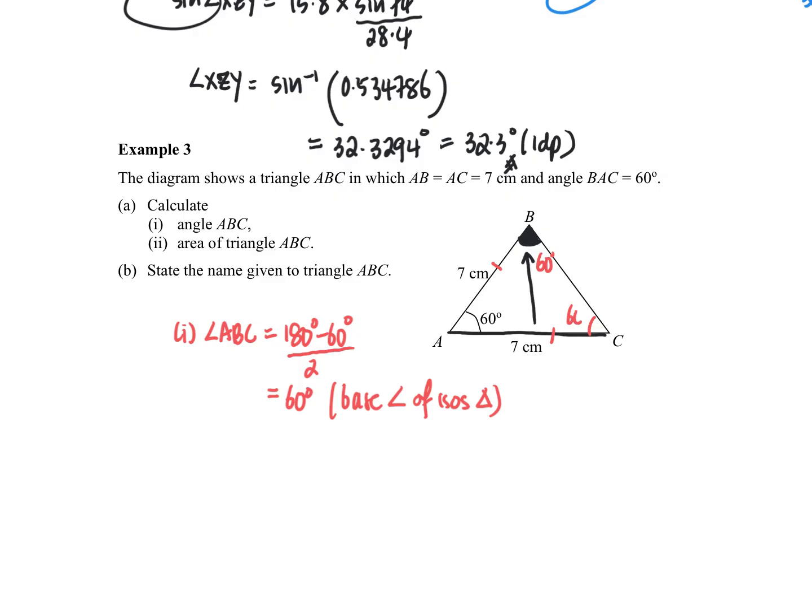This is 60. Then yes, it's an equilateral triangle. Straight away, in fact, you also know that this is 7 cm. There's nothing involving sine rule or cosine rule, in fact. Just knowing the angles, you know how to find all the sides and all the angles already.